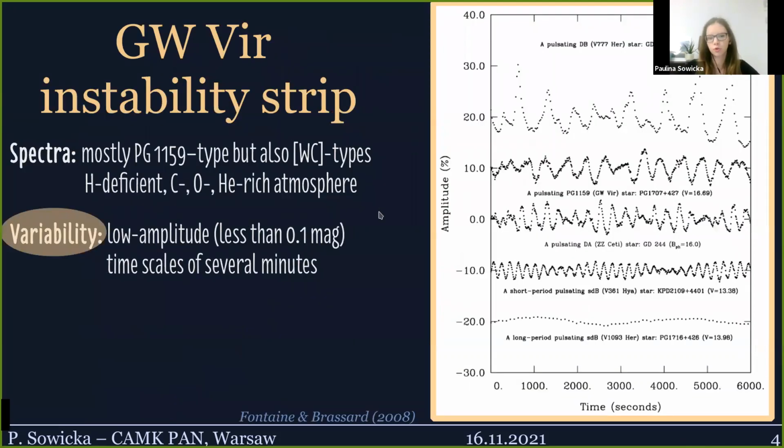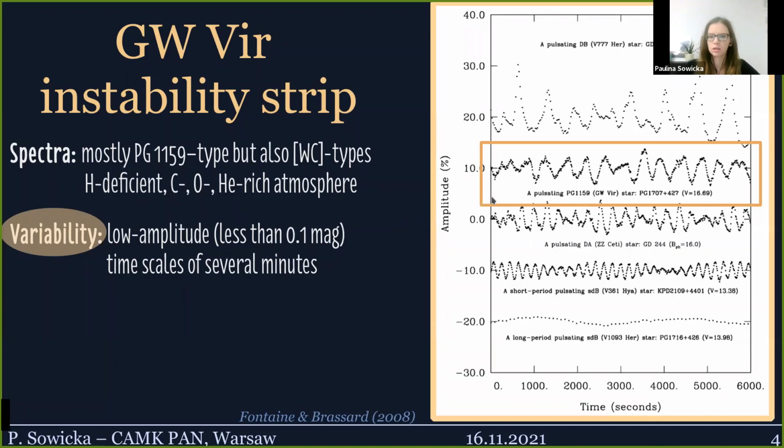These stars show photometrically detectable variability, which is of low amplitude and has time scales as short as a few minutes. The longest periods we find are about half an hour.